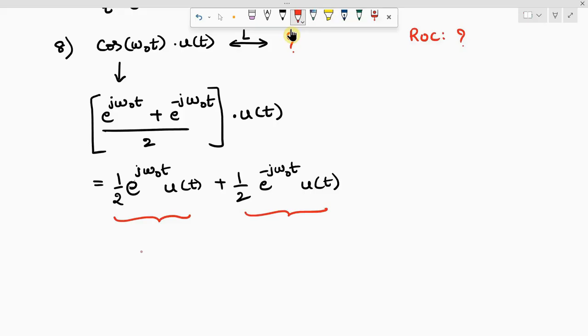Scaling from... which property? Can you please check the shifting in S domain property?